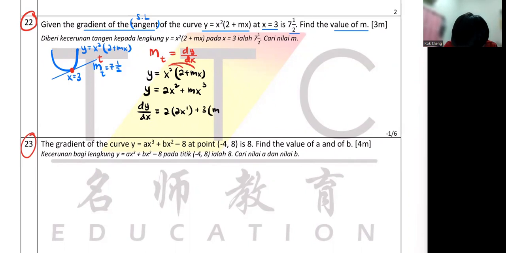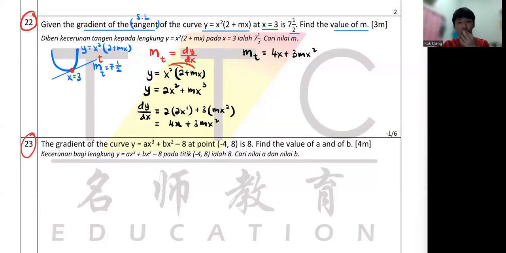So you get 4x plus 3mx squared. This is your dy over dx. So dy over dx also equals mt, the tangent gradient, which equals 4x plus 3mx squared.